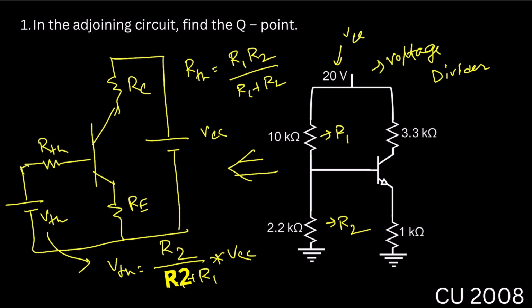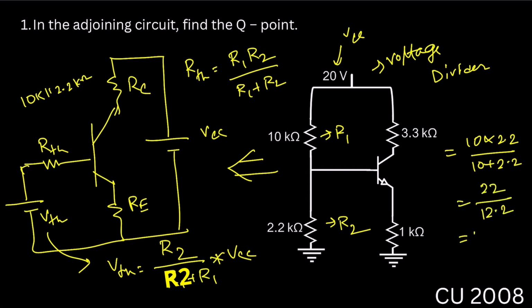If we do this calculation, then we can directly redraw the circuit. Okay, so what is the value of RTH? RTH will be 10 kilo ohm parallel 2.2 kilo ohm, so equal to 10 into 2.2 divided by 10 plus 2.2. It will be 22 divided by 12.2 equal to 1.80 kilo ohm.